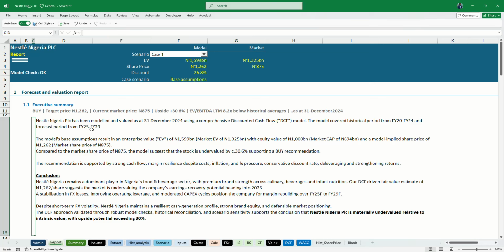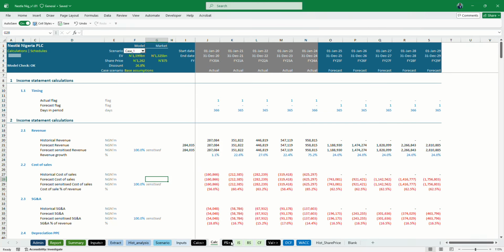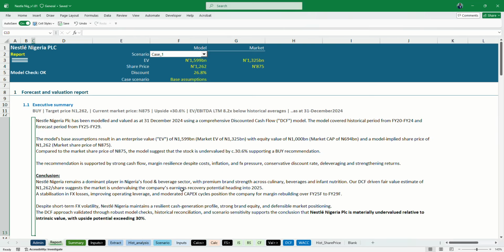So what I did was, after building this model, with properly well structured input in only one worksheet, calculations in one worksheet, forecasts in each worksheet, and my valuation in one worksheet, I uploaded it and asked it to look through it to create that report. So it created the report. Do I have to rewrite the report to fit some things? Yes, but these are benefits of what we can use our Copilot to achieve in our model build.